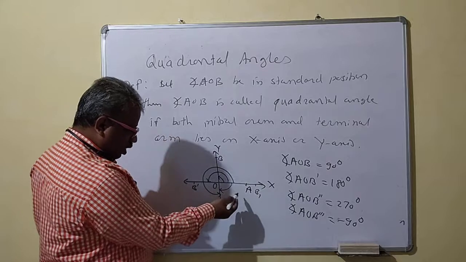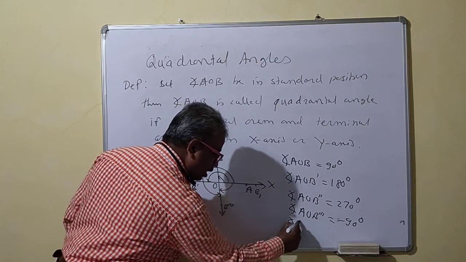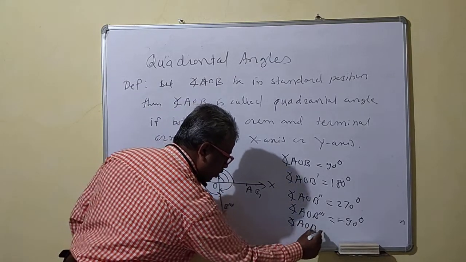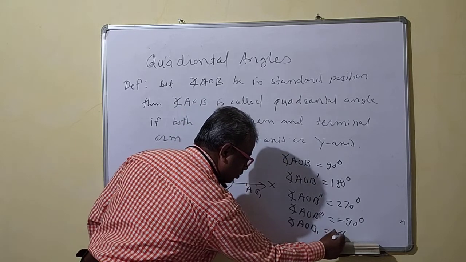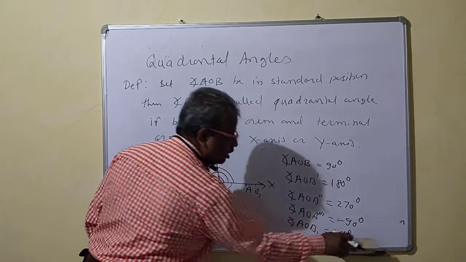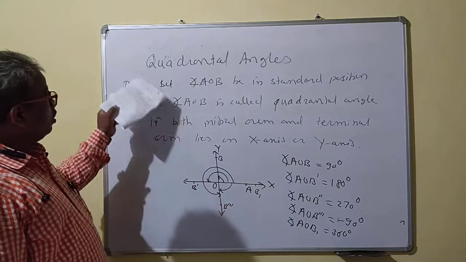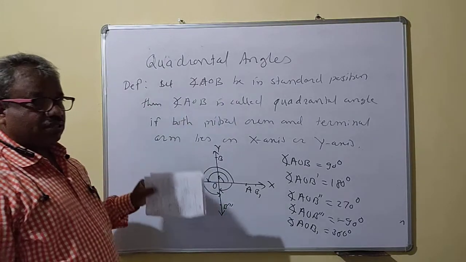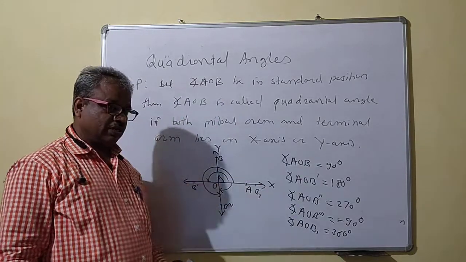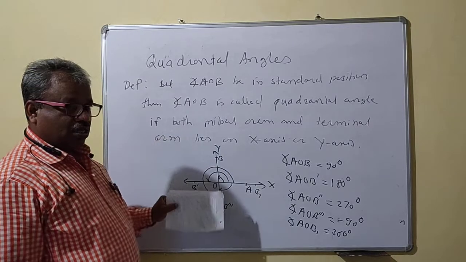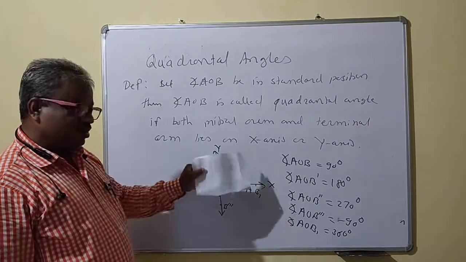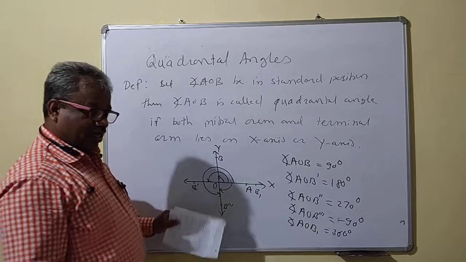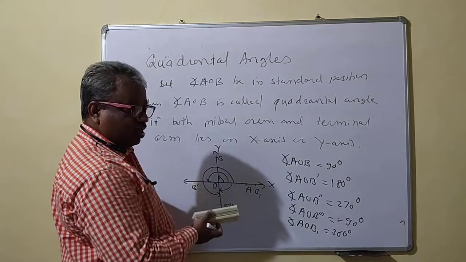Now this directed angle AOB1 is 360 degrees. That means the measurement of a quadrantal angle is a multiple of 90 degrees. Simple definition: if the measurement is a multiple of 90 degrees, then that angle is a quadrantal angle.